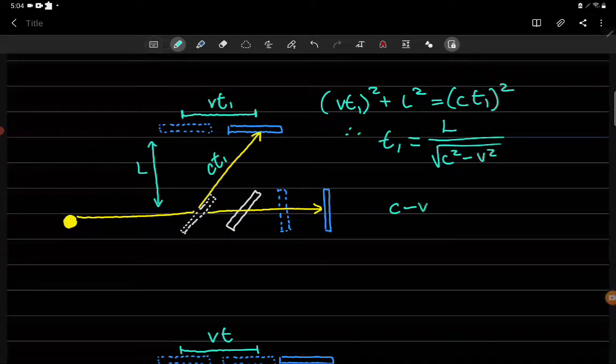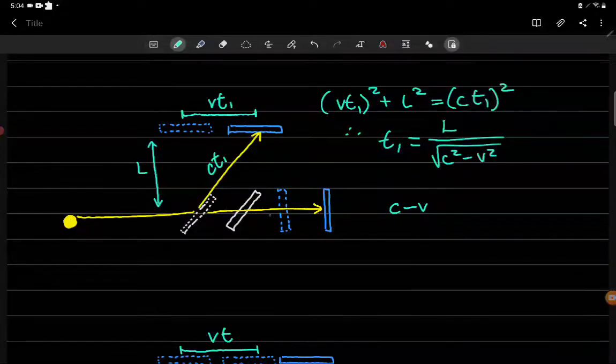It's like if you're chasing someone with some velocity v1, and they're moving away from you at some velocity v2, then the relative velocity of you to that person is going to be v1 minus v2. So in the same sense, the speed of light relative to this mirror here is c minus v. We know that's not true now because of Einstein's postulate, but at the time they believed that was the case.